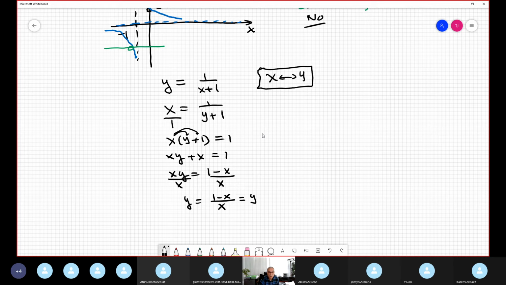And this is my new y, and my new y is the inverse function. Let me copy here. The inverse function is 1 minus x over x.